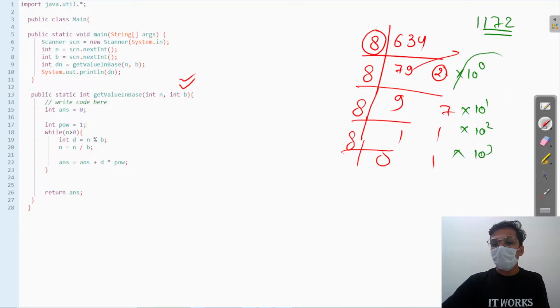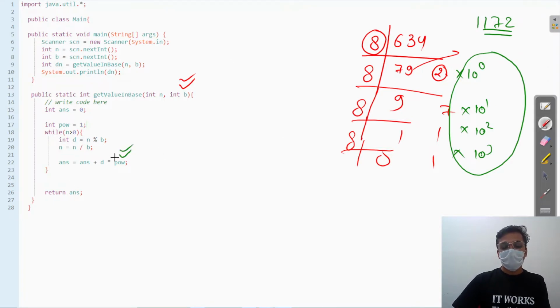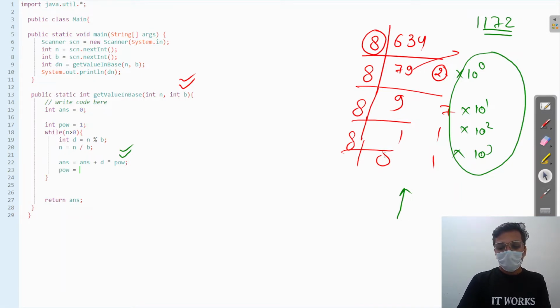So this factor is denoted by this power. That is how we are going to generate our answer in bottom to up format. After each iteration, we are going to multiply our power by 10. So that's how we get our solution to that algorithm question.